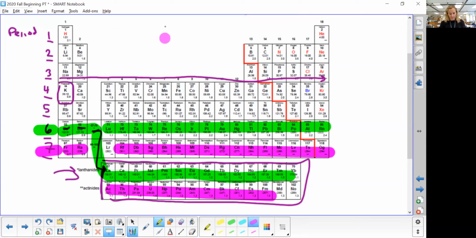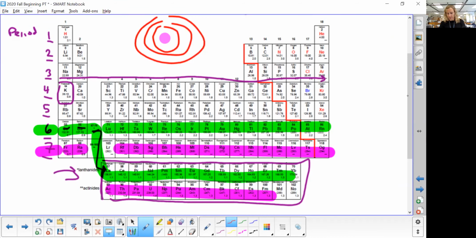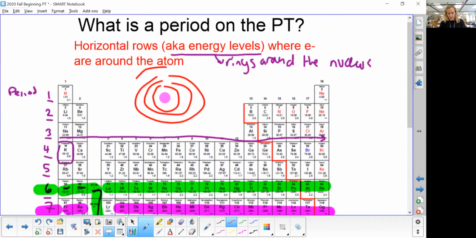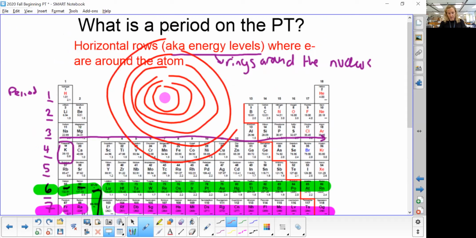If that was our nucleus and we were going to do our rings, there's 1, 2, 3, I have to go back up, 4, 5, 6, 7. Those are where electrons can go around the nucleus of the atom, if you're just trying to visualize it. And that's one of the reasons why it repeats.